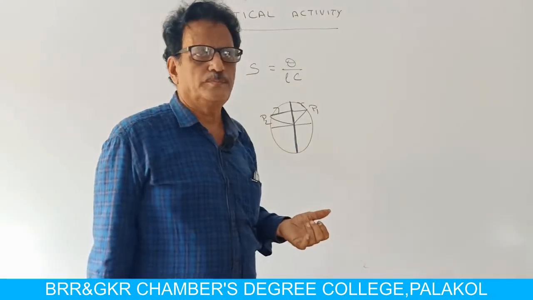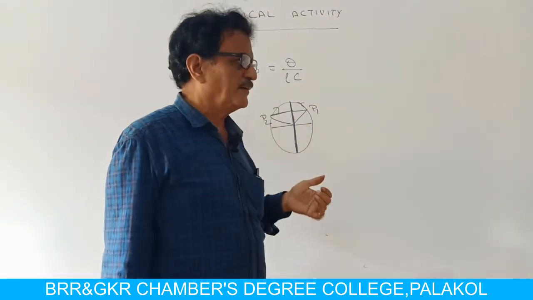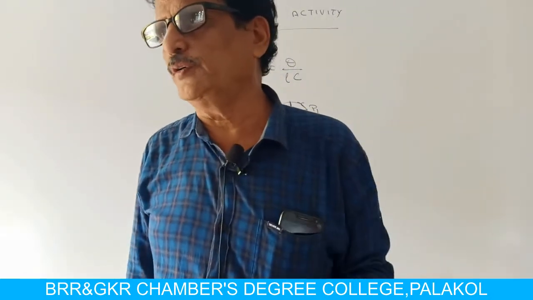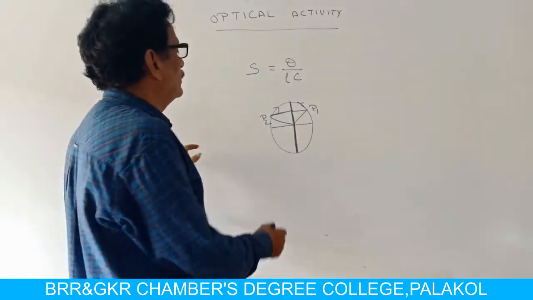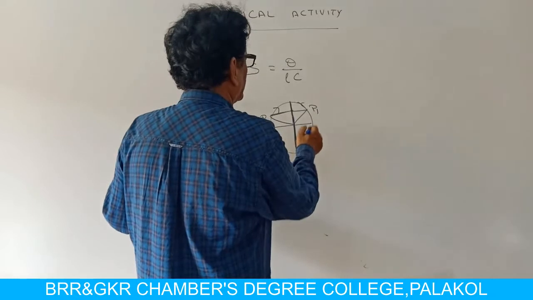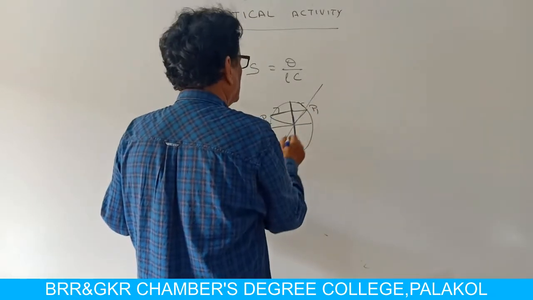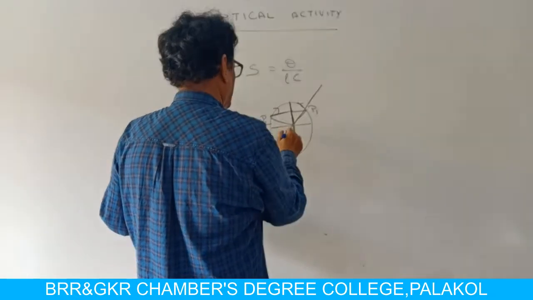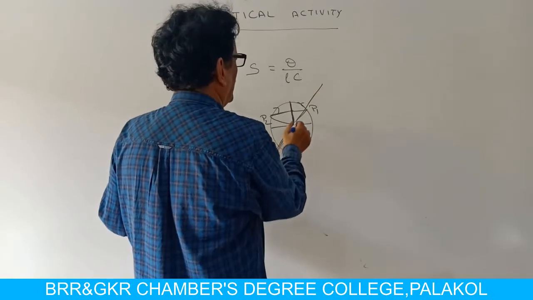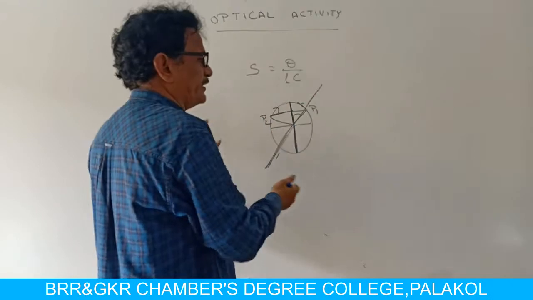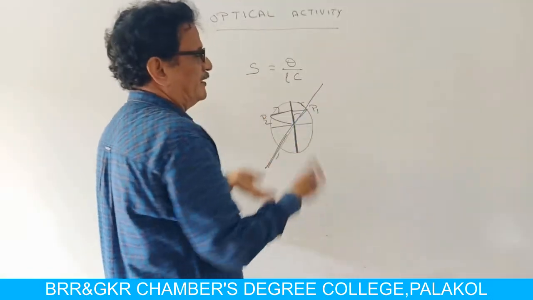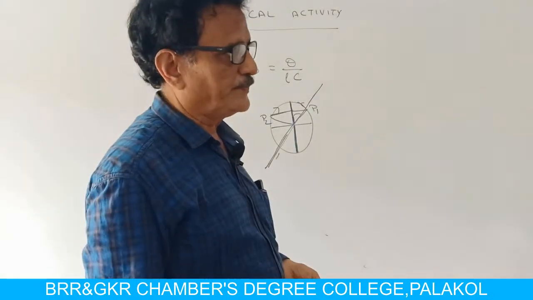These two have different velocities when they are passing through optically active substances. So the direction of vibration gets rotated, either in clockwise direction or in anti-clockwise direction, depending upon the velocity.